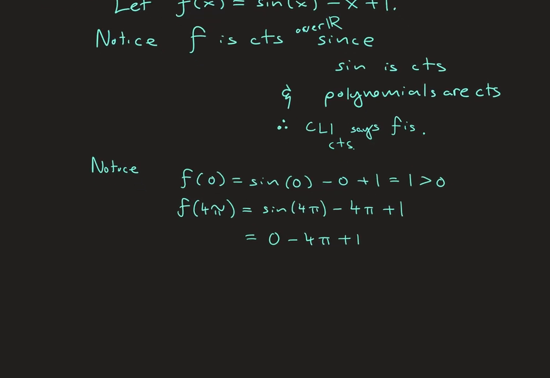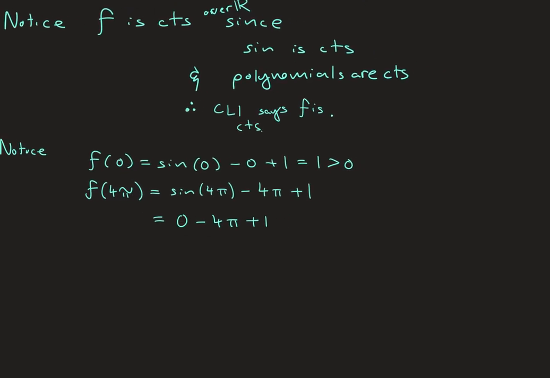And hopefully that's very obviously less than 0. Okay, so you're going to be annoyed with me. 1 is certainly less than pi. After all, pi is the ratio of the circumference of a circle to its diameter. The circumference is certainly bigger than the diameter, so this certainly holds.